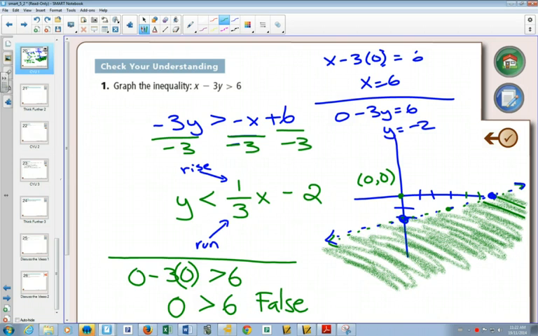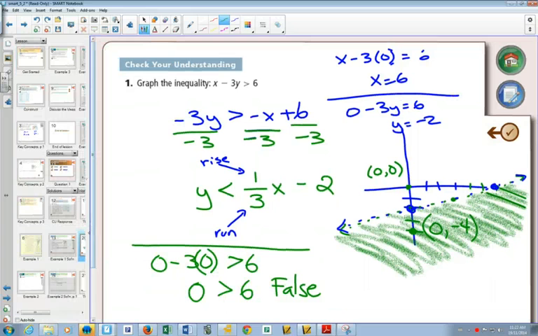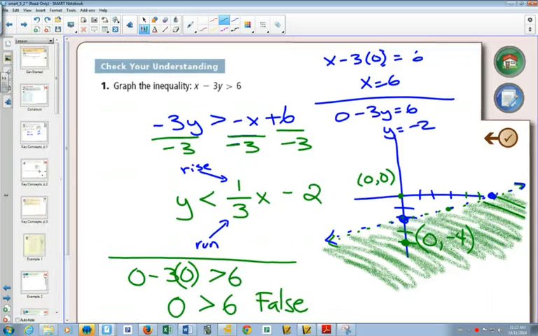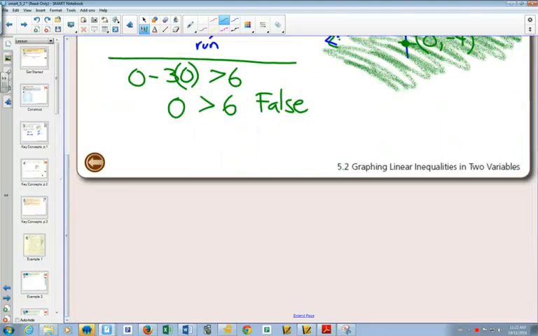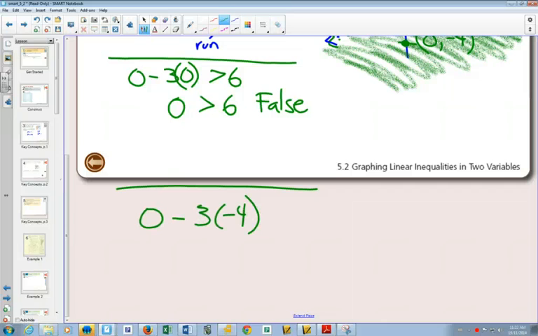If you had chosen a test point, let's say you had chosen this point right there, that point is 0, negative 4, right? If I had chosen that as a test point, and 0 for x, negative 4 for y, is that greater than 6?